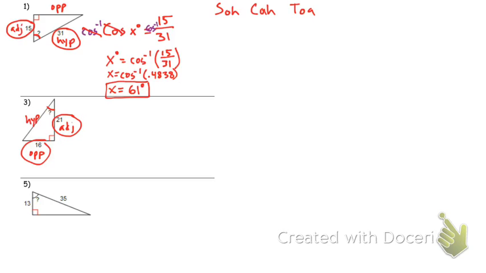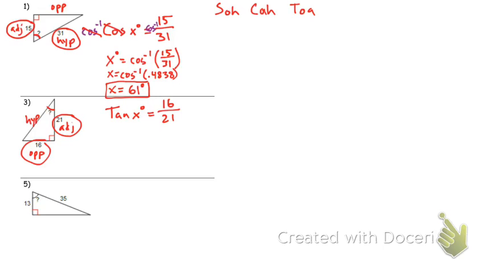So we have opposite and adjacent. If you look back here, opposite and adjacent is tangent. So we're going to go tangent. Again, we don't know our degree, so it's x degree equal to opposite over adjacent.